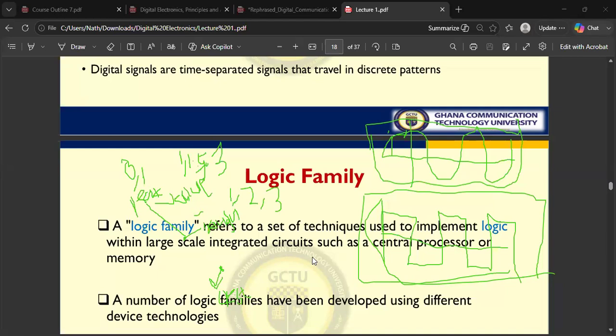There are different types of logic family. There are two categories.